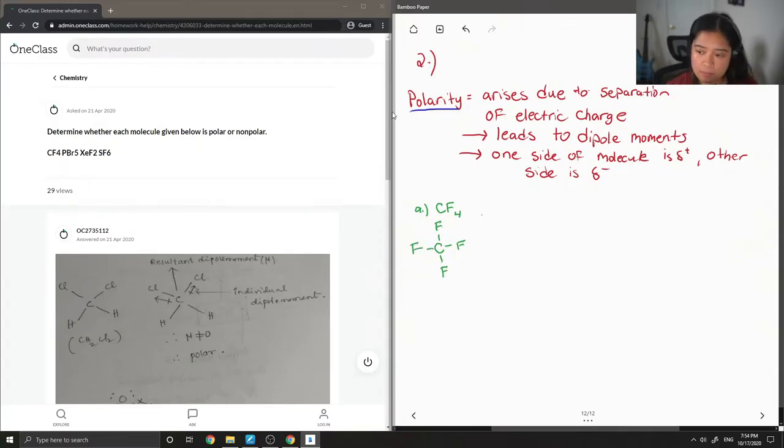Let's write some notes about this. Fluorine is more electronegative than carbon. If I only look at the bonds on their own, since fluorine is more electronegative, the dipole moment goes towards the F. So the bond is polar, but if we look at the molecule as a whole, all these fluorines cancel each other out.